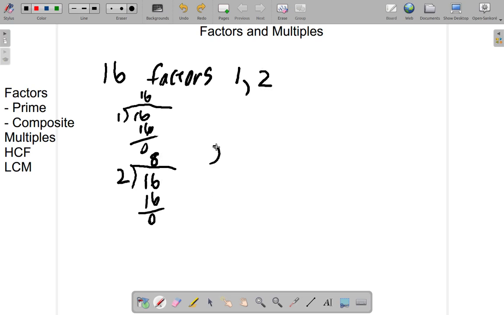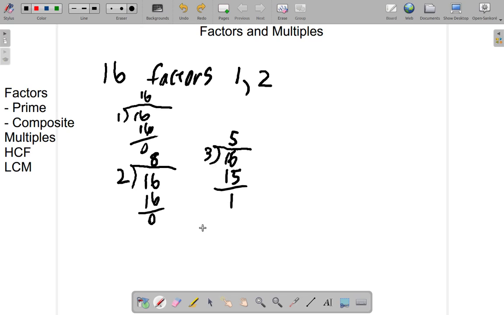Suppose we try 3. 3 into 16. How many 3's are there in 16? 3 3's 9, 3 4's 12, 3 5's 15, 3 6's 18. There are 5 3's in 16. Multiply 5 by 3, that is 15. 16 minus 15 is 1. 3 cannot divide directly into 1.